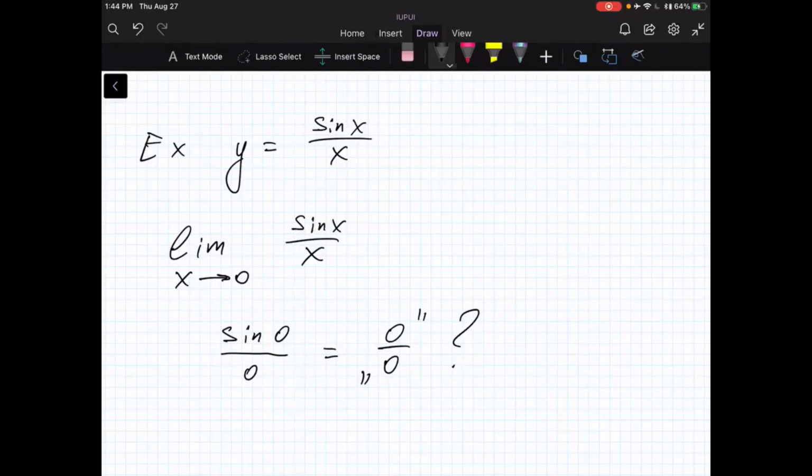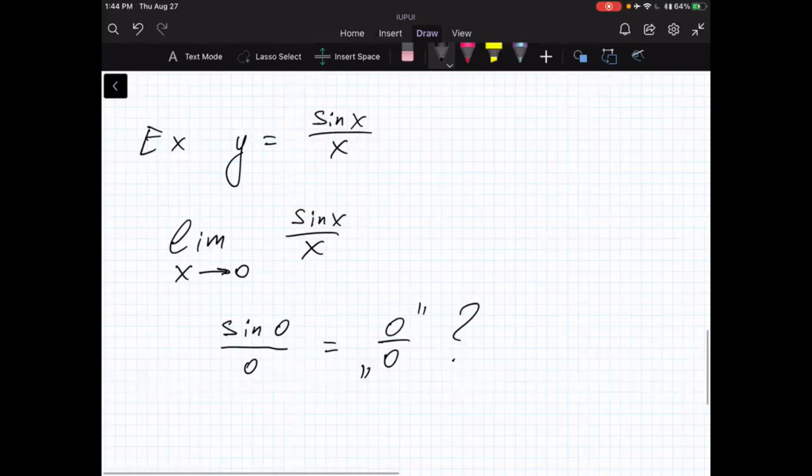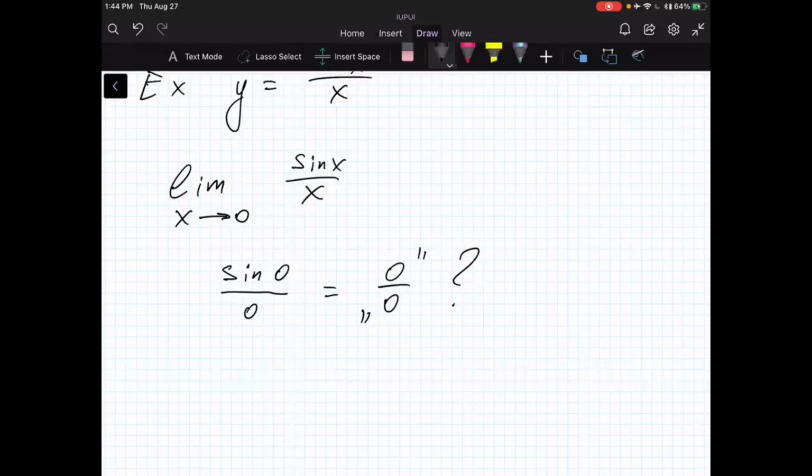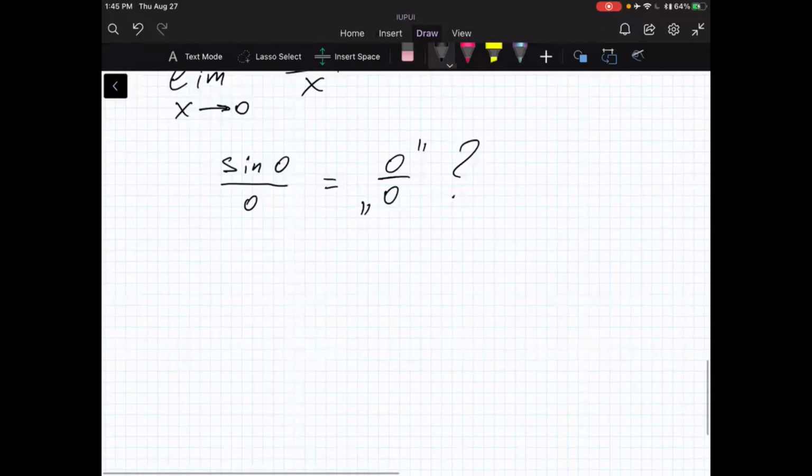When we study that, we will see that this expression 0 over 0, or sometimes infinity over infinity, can be anything. It can be a finite number like square root of 3, or it can be an infinite number like minus infinity, or sometimes it will not be defined at all.